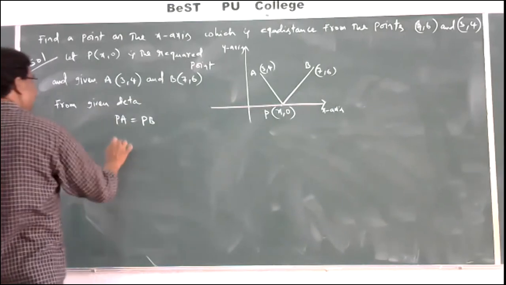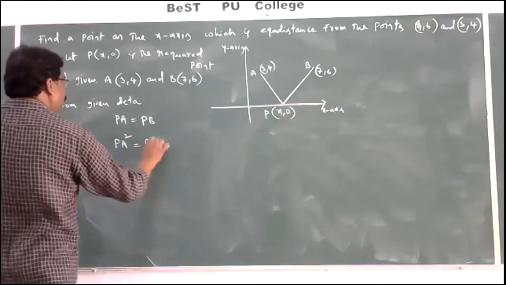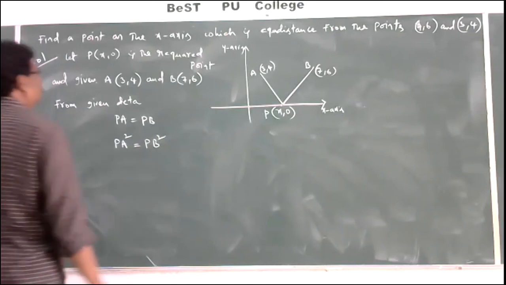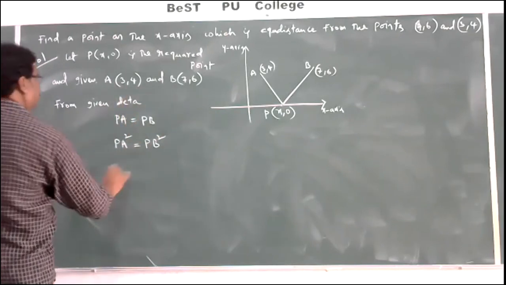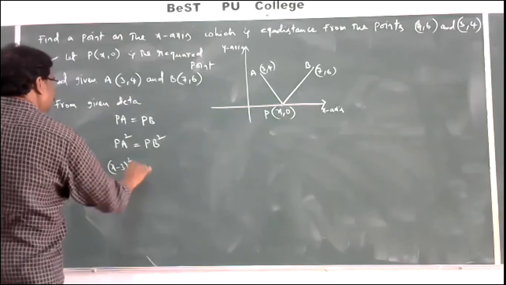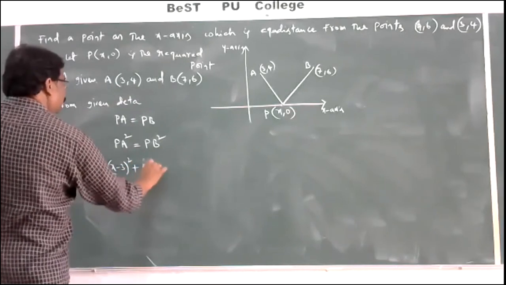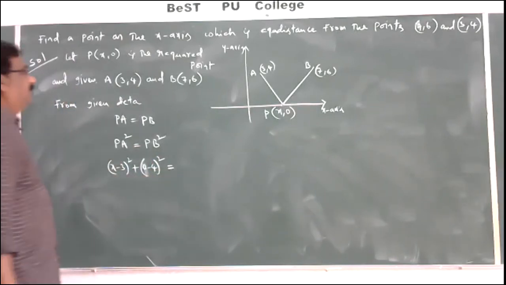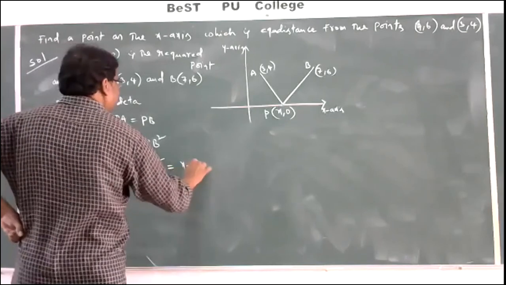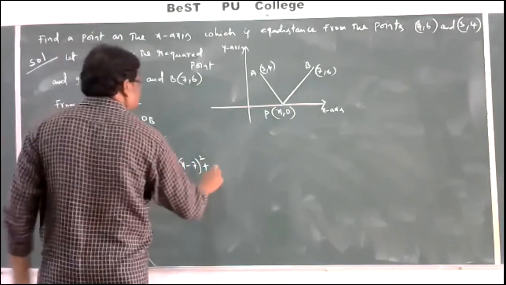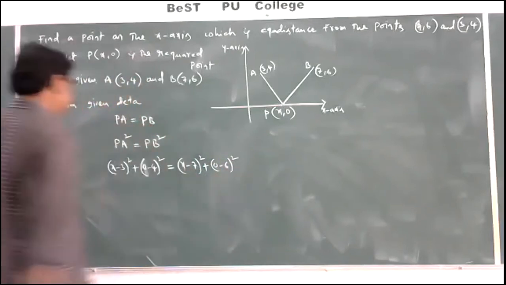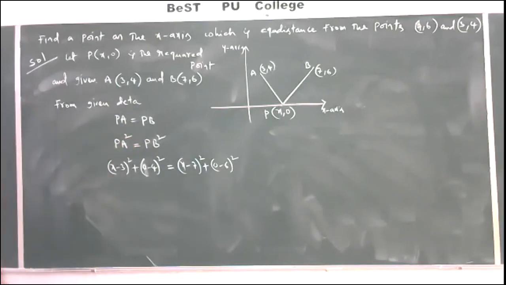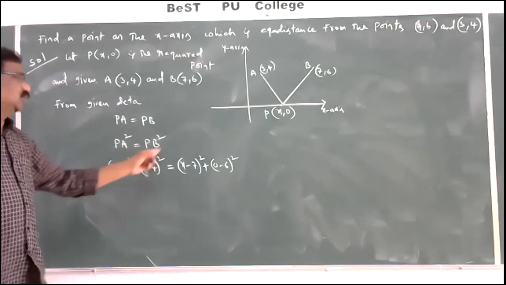So squaring on both sides, PA square is equal to PB square. That is, for PA, (x minus 3) whole square plus (0 minus 4) whole square is equal to, for PB, (x minus 7) whole square plus (0 minus 6) whole square. PA is equal to PB means distances are equal. Here squares, that's why the roots are cancelled.